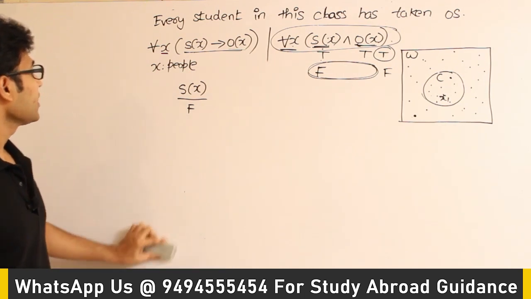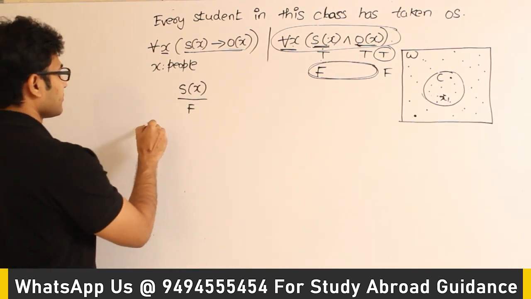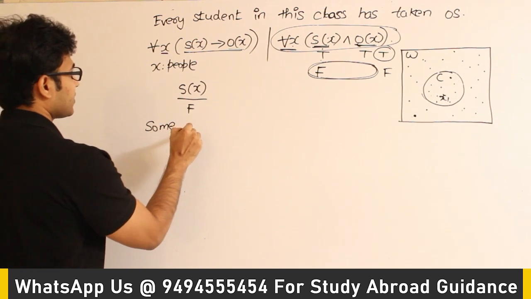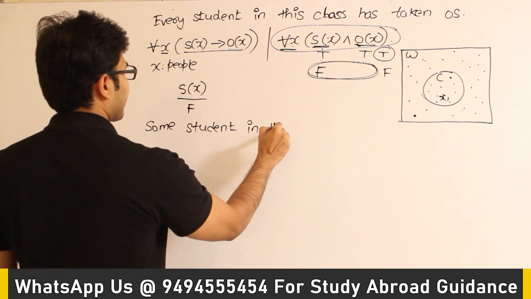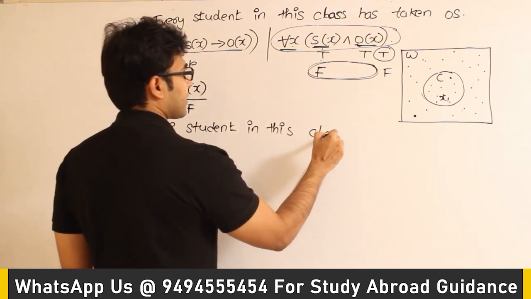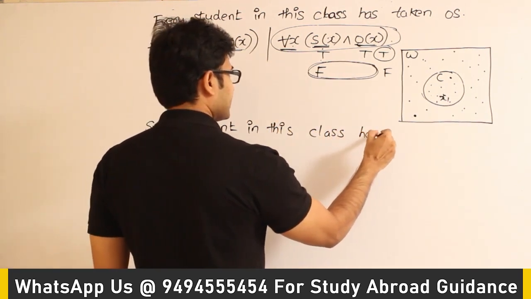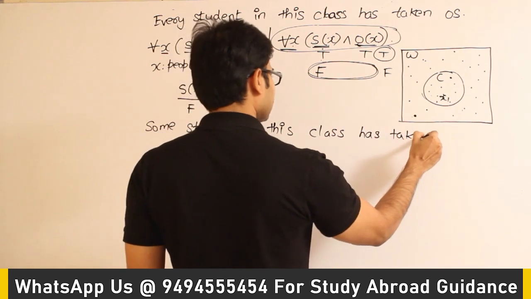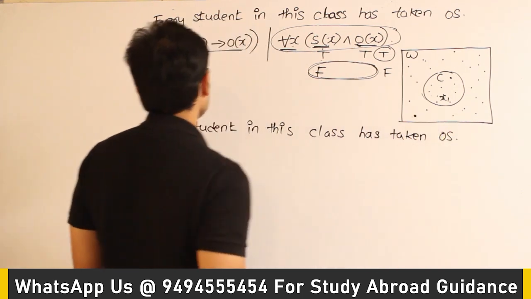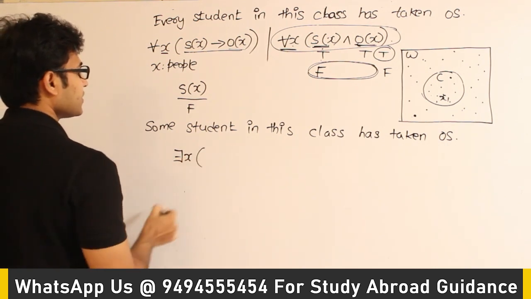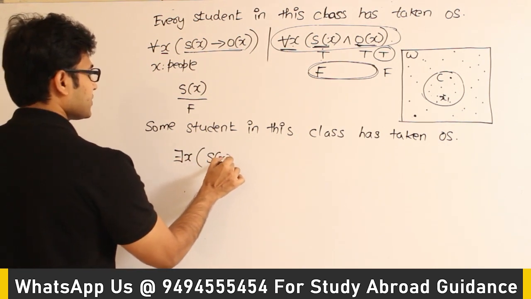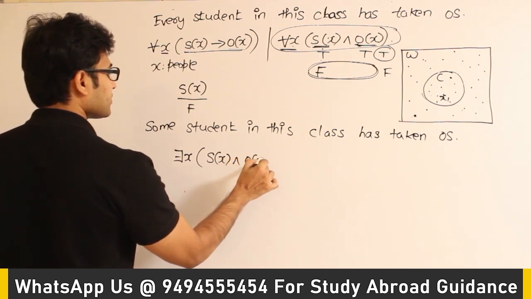In the next example, I have given this: some student in this class has taken operating system, right? And for this I explained like this: there exists x such that s of x and o of x.